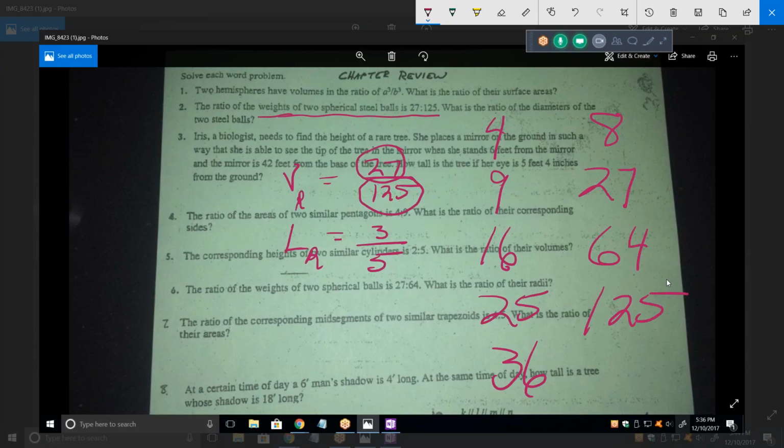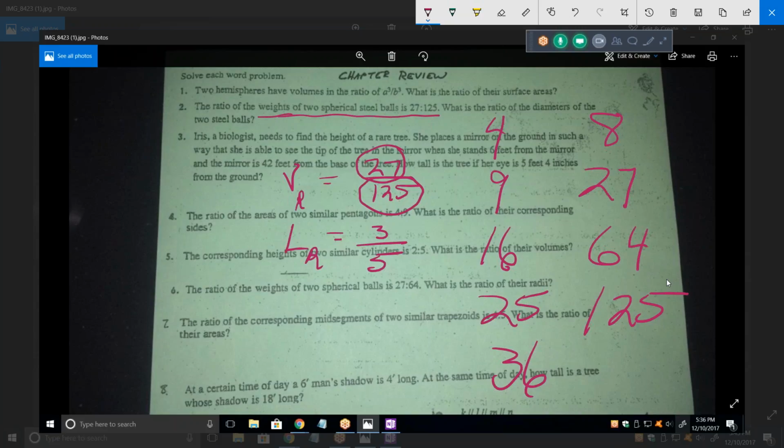It's really good to know these, especially in this section of geometry. More than any other place in math, you want to know your perfect square numbers and your perfect cube numbers, because they're constantly giving you problems like 27 divided by 125, and you have to take the cube root of it.